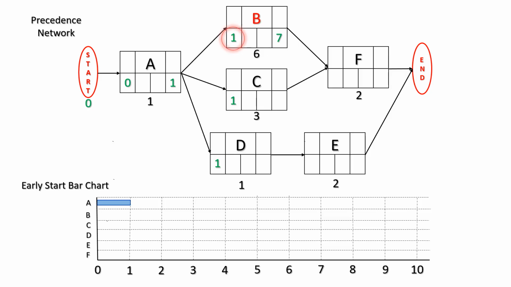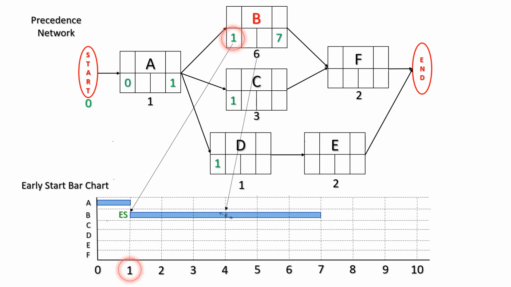At this stage now, if we focus on the early start and look down to the bar chart, we realize that the earliest activity B can start on the bar chart will be at 1 as well. So we draw an arrow starting at 1, the earliest start, for the length of the duration, which is 6.